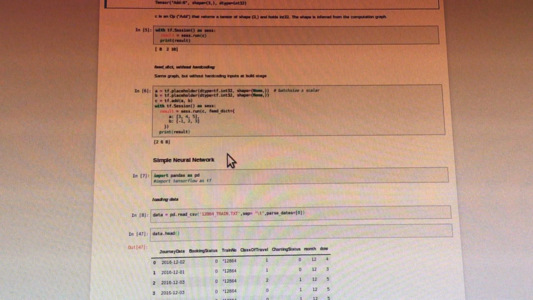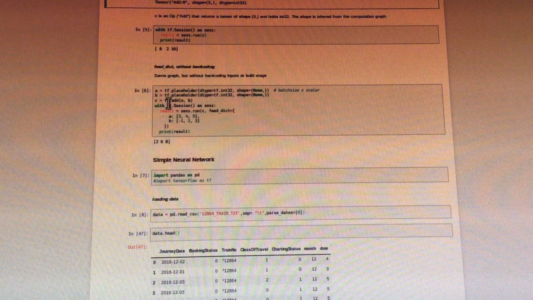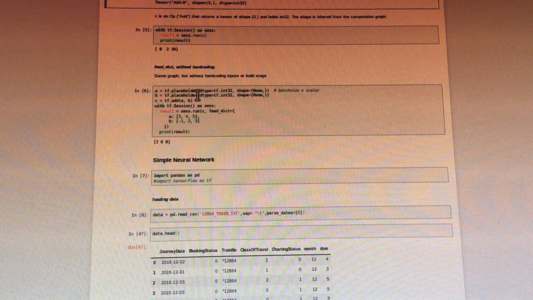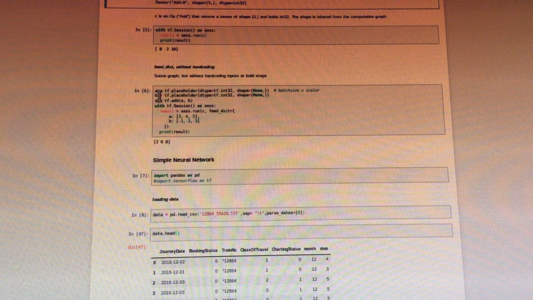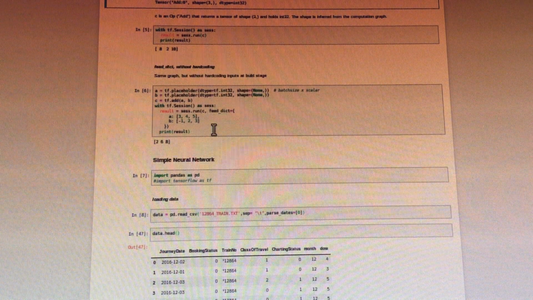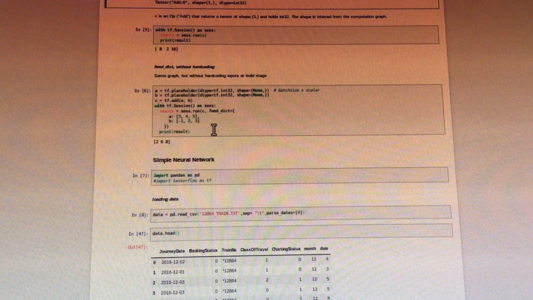Another way of doing the computational graph is using tf.placeholder. So here we are using tf.placeholder for making the graph of A and B, and again adding these two graphs to get C, and we are running the session.